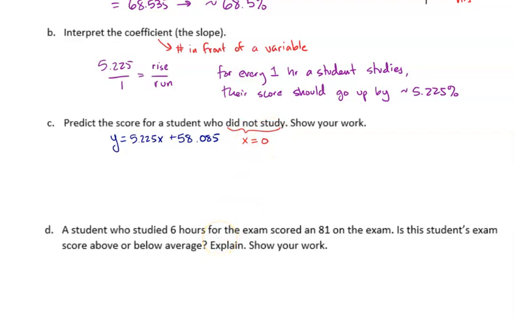They spent 0 hours studying. So we're going to say y equals 5.225 times 0 plus 58.085. Well, that's just going to go away, right? The 5.225 times 0 is just going to disappear, and we're going to have 58.085, or we'll say about 58.1%.